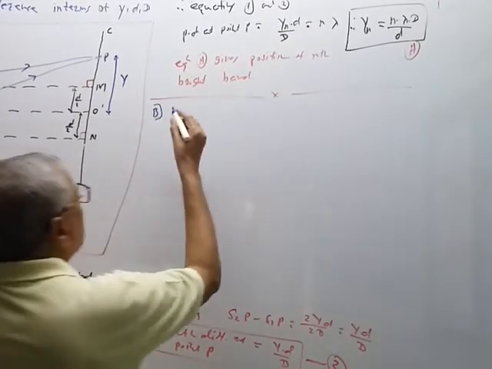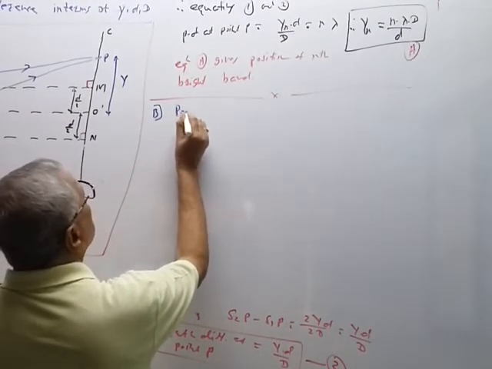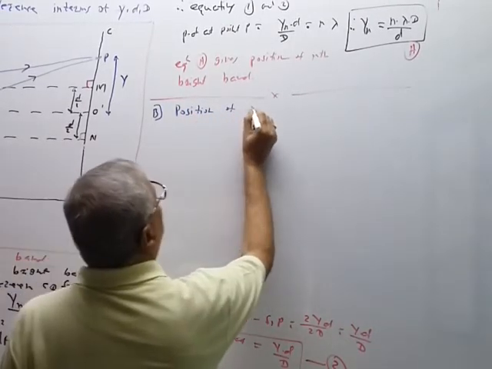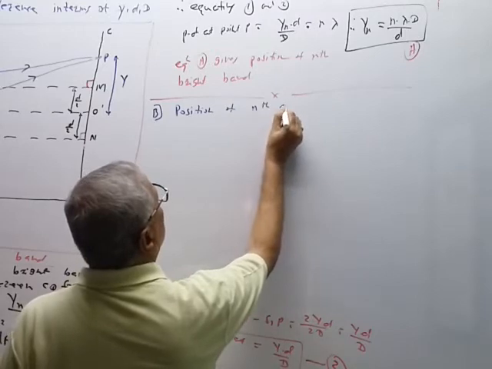Now in a similar way we can find the position of the nth dark band.